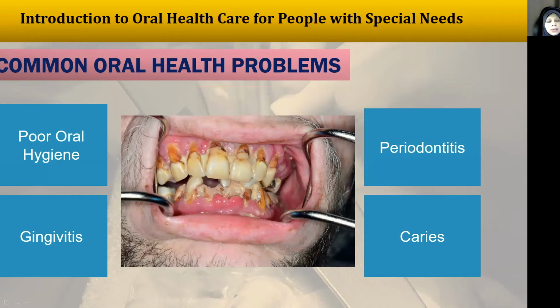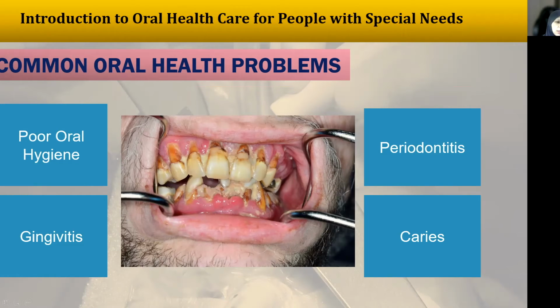So as I mentioned before, if the carer has a poor attitude, and doesn't even do proper toothbrushing for themselves, how can they do it for these patients? That is why a lot of our patients have this kind of problem, and then it will progress to a severe stage, right?